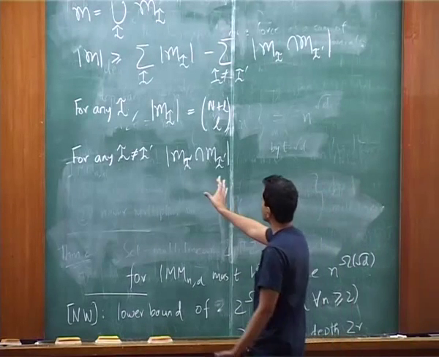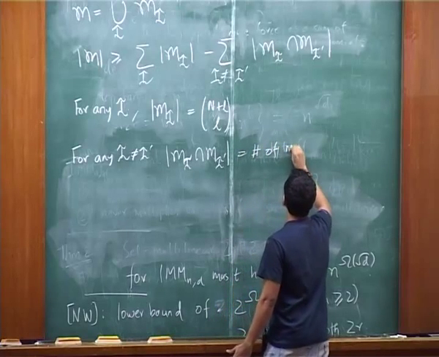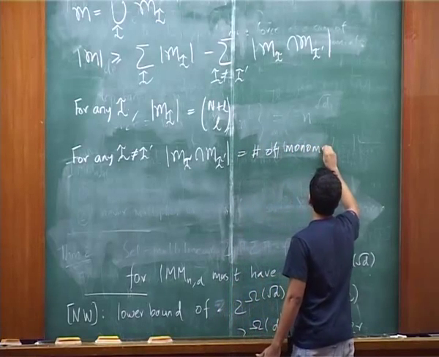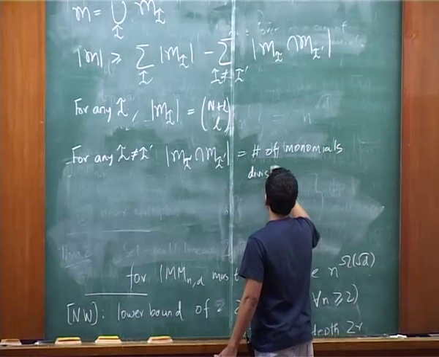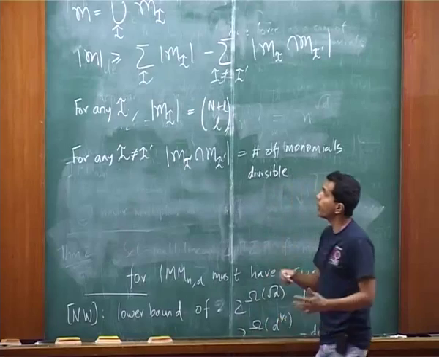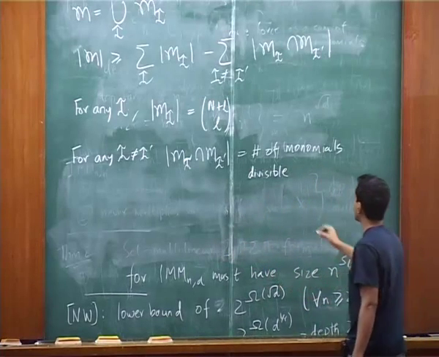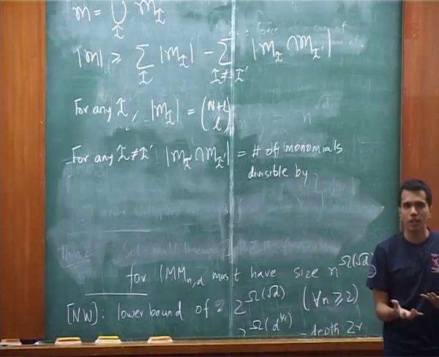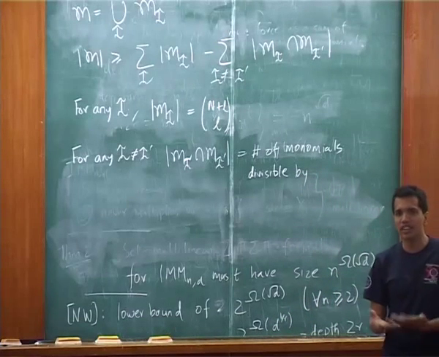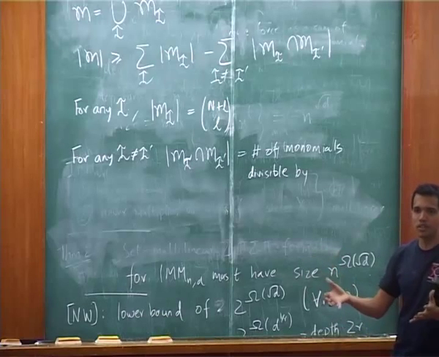So this is the number of monomials divisible by both the derivative with respect to I and the derivative with respect to I prime. If it is divisible by both these multilinear monomials, it has to be divisible by their least common multiple, which is just the union of the variables in them.